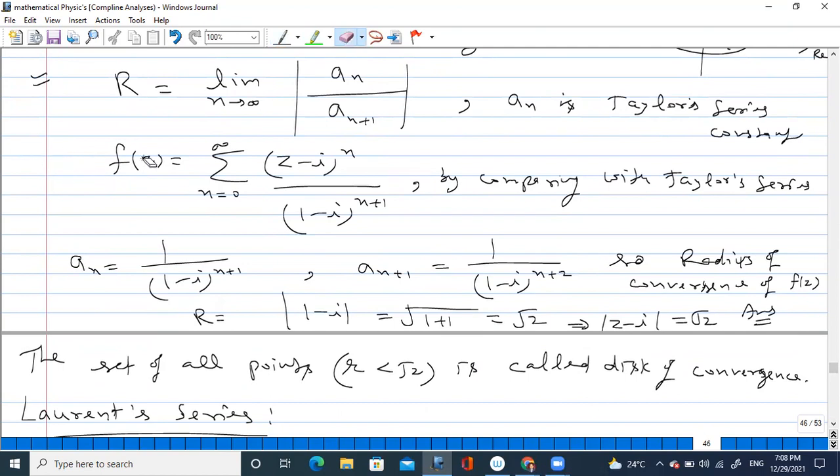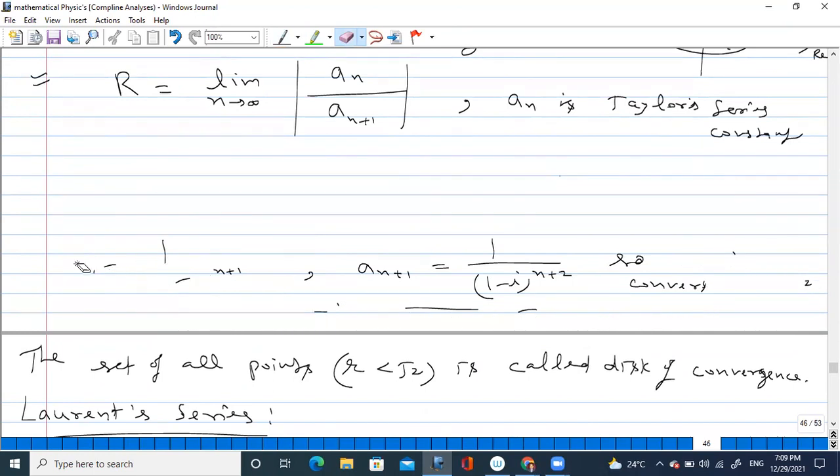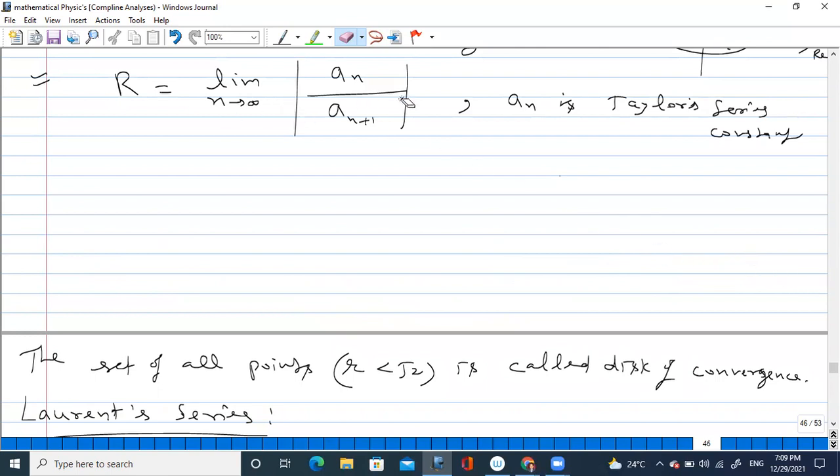So in addition to that, I will write just one line, and with that method also you can find the radius of convergence. In many cases you will find that you can easily find the Taylor series, and the nth term also.